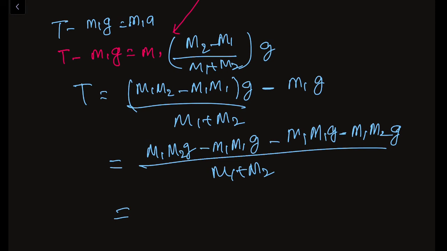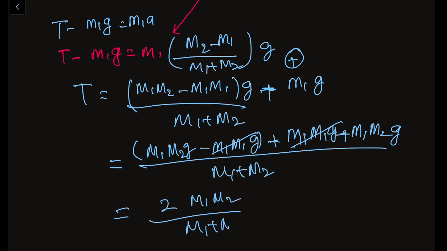The m1m1g terms get cancelled, and we get 2 m1 m2 by (m1 plus m2) into g.